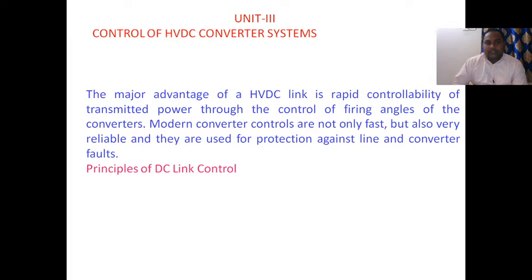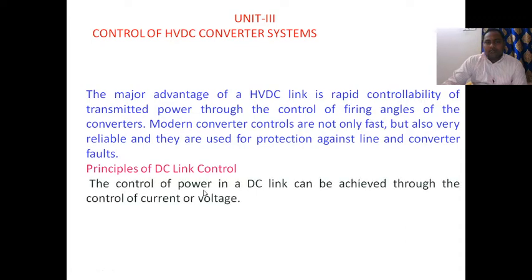But in HVDC systems, there are firing angles and also gamma. Modern converter controls are not only fast but also very reliable. That means continuity of power supply is possible in modern converters, and they are used for protection against line and converter faults.